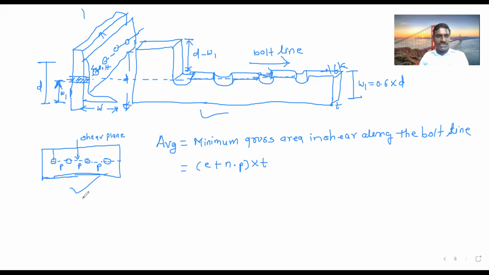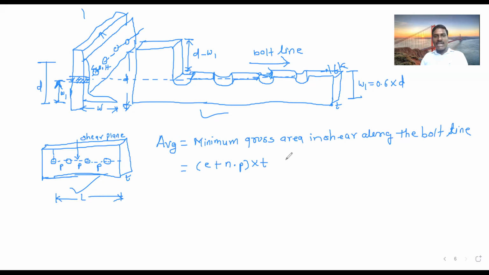See, gross area in shear, it means this is the length into this is your thickness. This shear length into thickness. So L into T is the area.